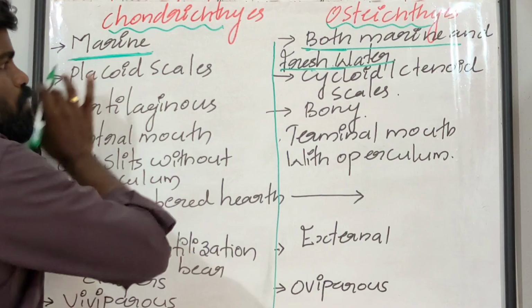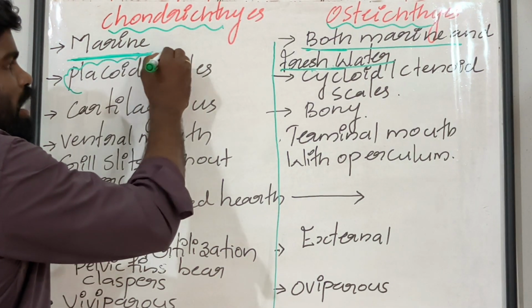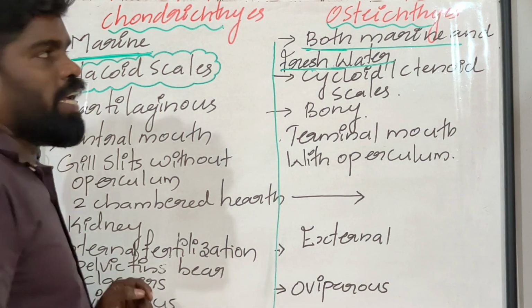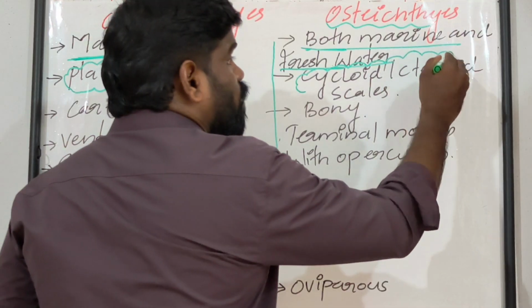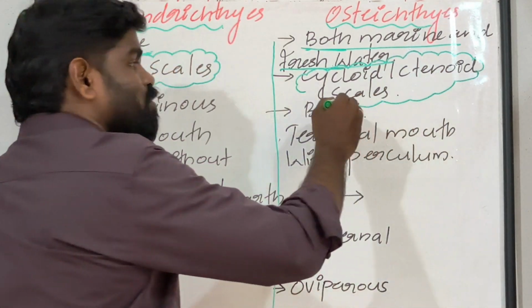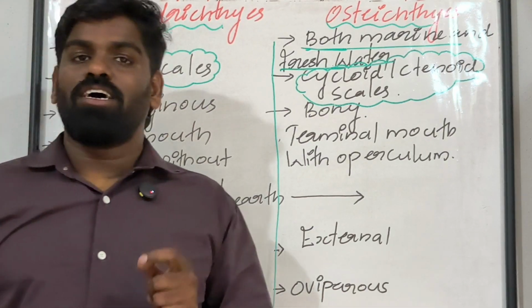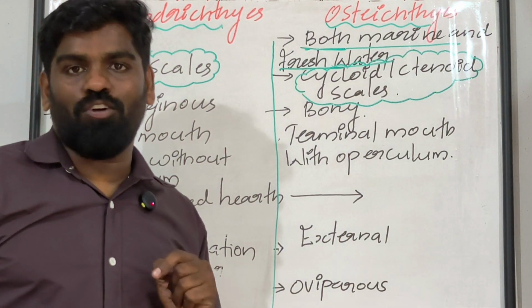Now, in the case of Chondrichthyes, they have placoid scales. Keep in your mind. And in the case of Osteichthyes, they have cycloid or ctenoid scales. So Osteichthyes have cycloid or ctenoid scales, Chondrichthyes have placoid scales.